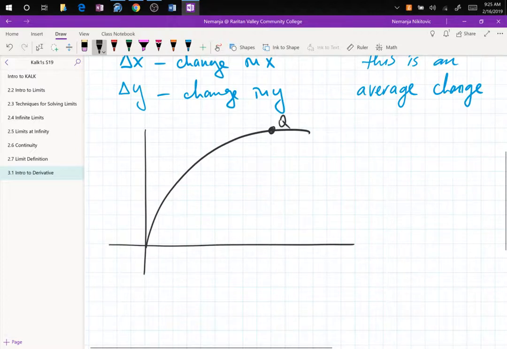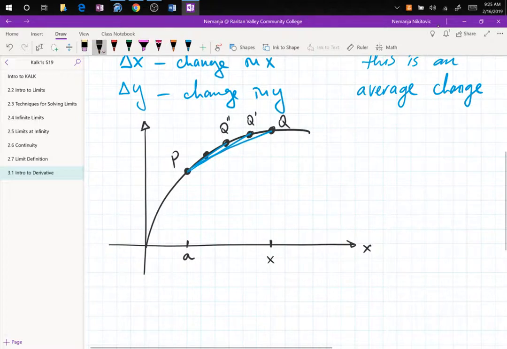So now this Q, which has x as its x coordinate, is going to move towards P, producing a whole bunch of these secant lines. So this is going to be Q prime and Q double prime.